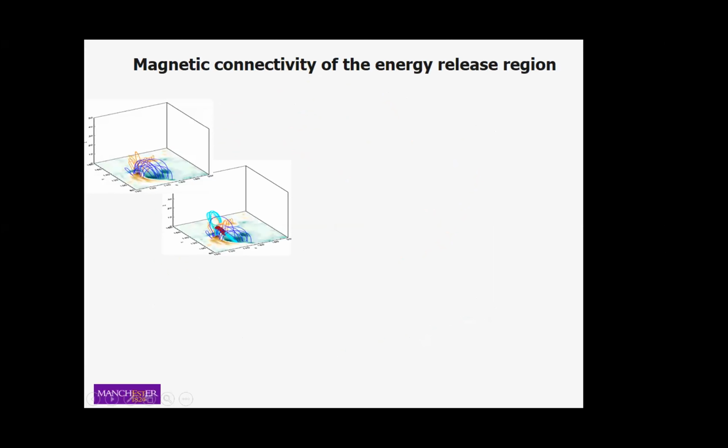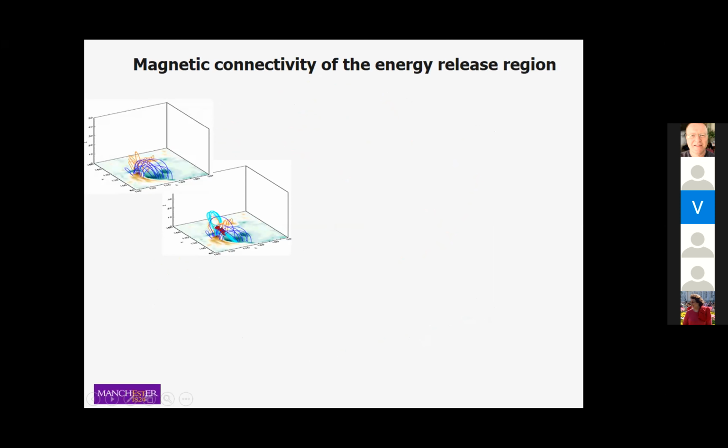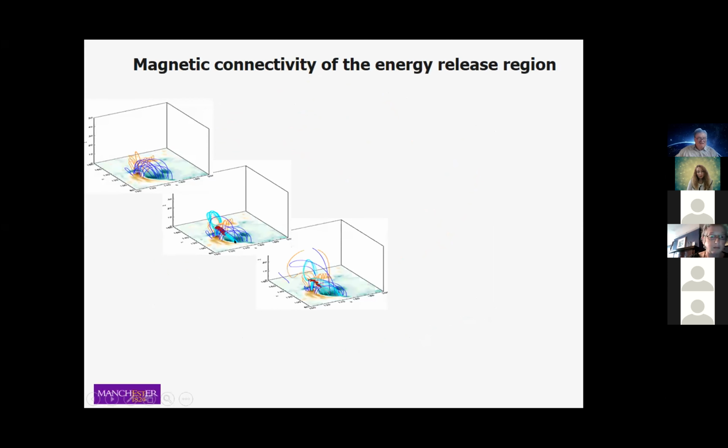And we are also highlighting in red the regions where the acceleration is happening, so the regions of strong electric field. So you can see the turquoisey field lines, or cyan, are the field lines which pass through the acceleration region. So you can see the acceleration builds up and then gradually decays away.